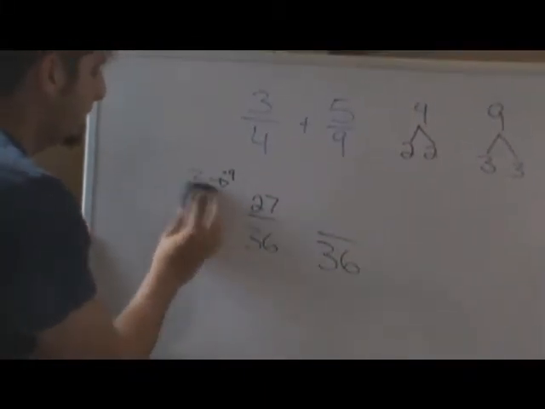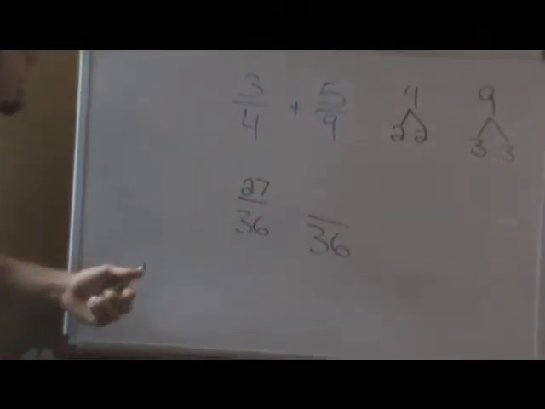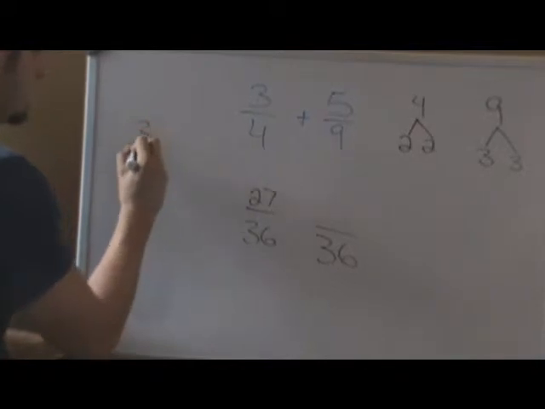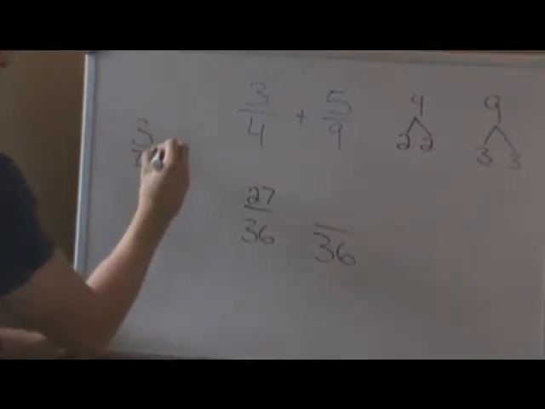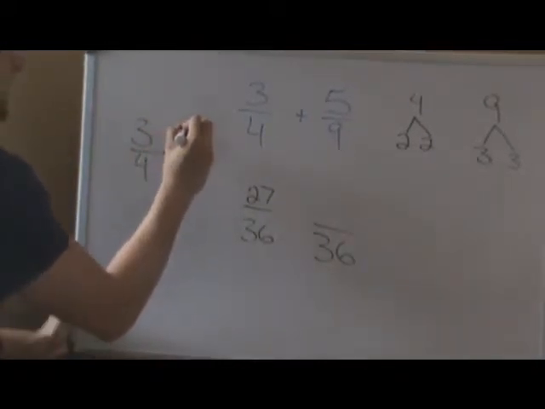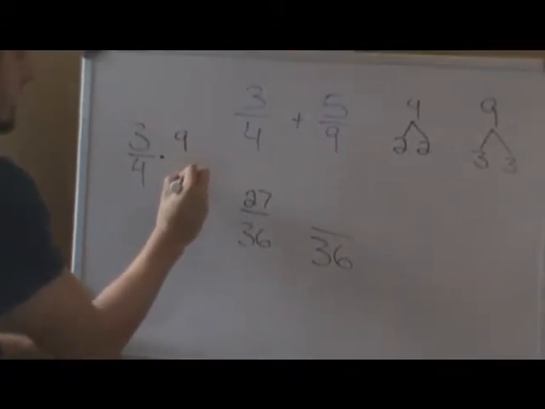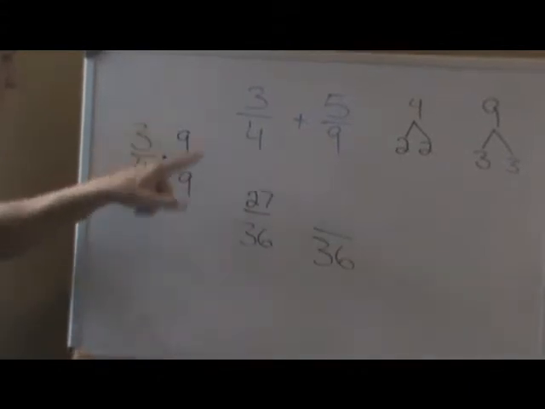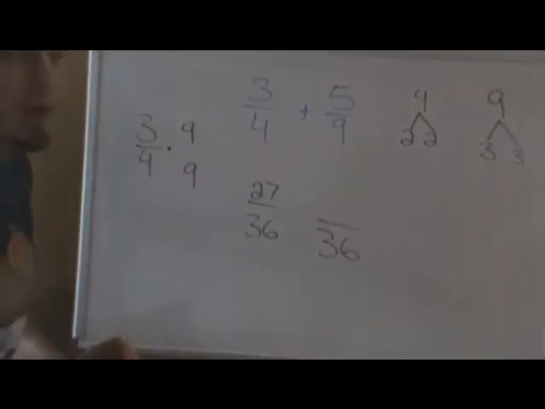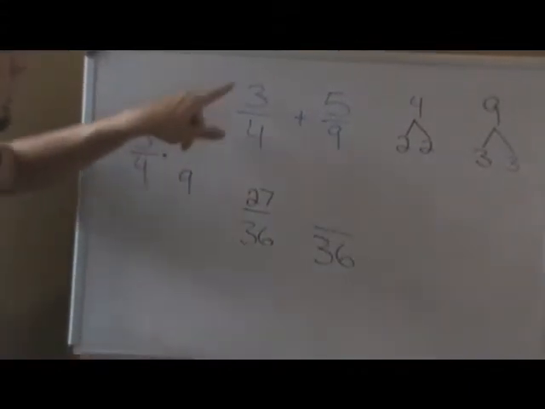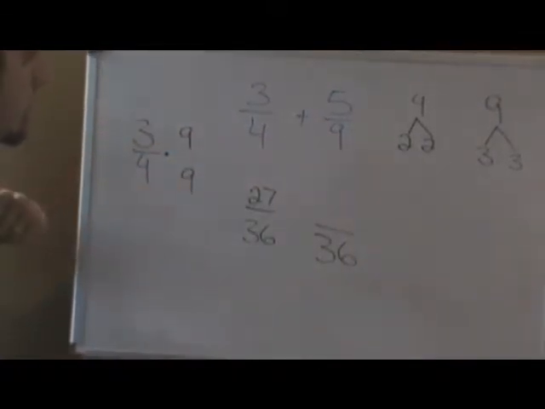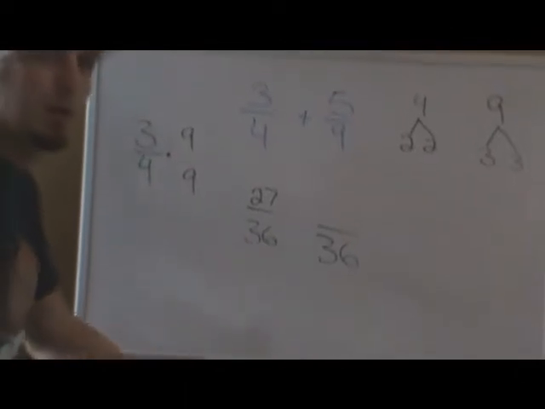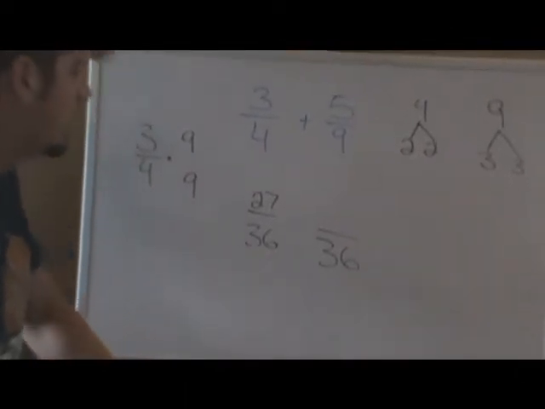Now the reason why I have to multiply both top and bottom by the same number: if I have 3/4 and I'm multiplying the top and the bottom by 9, what I'm actually doing here is creating an equivalent fraction. My fraction 3/4 is not worth any more or any less than 27/36. I've actually created the same number, it just looks different.